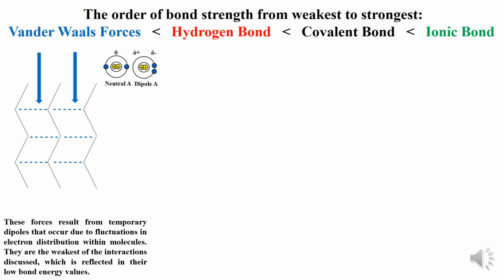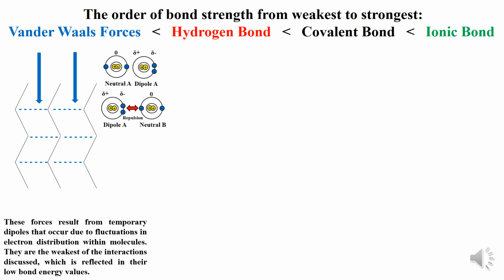Now, when this helium atom A with a dipole approaches a neighboring helium atom, there is enormous amount of repulsion between the electrons in the outermost shell.